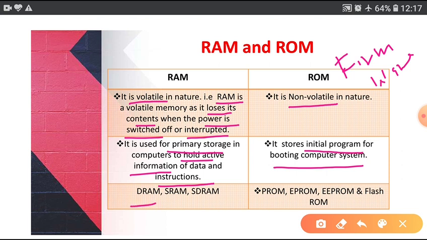SRAM, DRAM and SDRAM are the types of RAM memory. ROM, PROM, EPROM, EEPROM and flash ROM are the types of ROM memory.